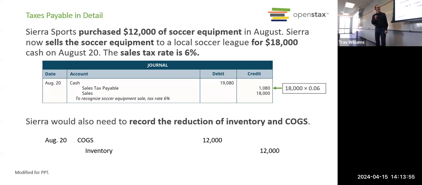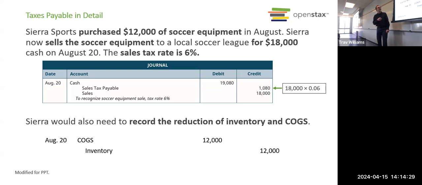So then when they actually, oh, that's interesting. Oh, yeah, okay. So this is what the customer paid them. The customer paid them the full 19,080, covers the equipment plus the sales tax. Okay, it makes sense. But then the company would also, if they're using the perpetual inventory method, record cost of goods sold and inventory reduction.